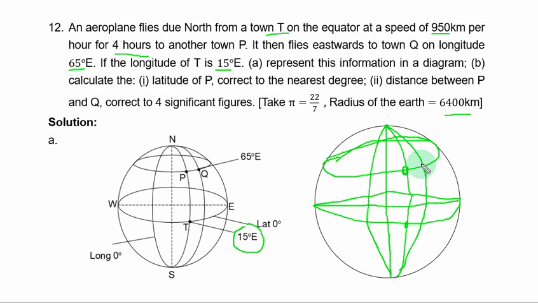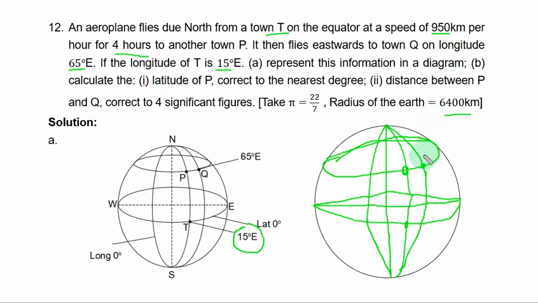Then this is Q. Q is longitude 65 degrees east, but the latitude is unknown. But we only have to find the latitude of P. Okay, so this is the information that you have in the diagram.